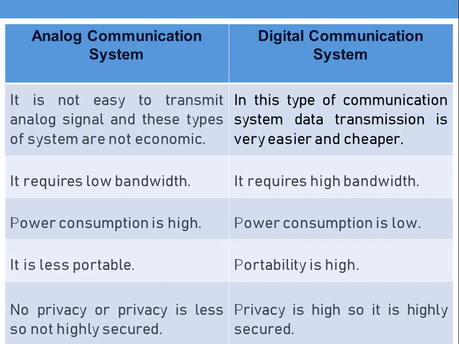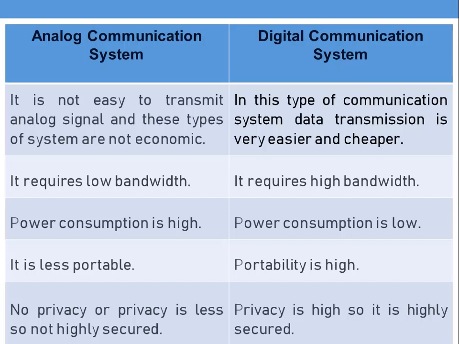Similarly, the next point is that in analog communication system we require low bandwidth to transmit the analog signal from source to destination, but in digital communication system we require higher bandwidth during the transmission of the data.